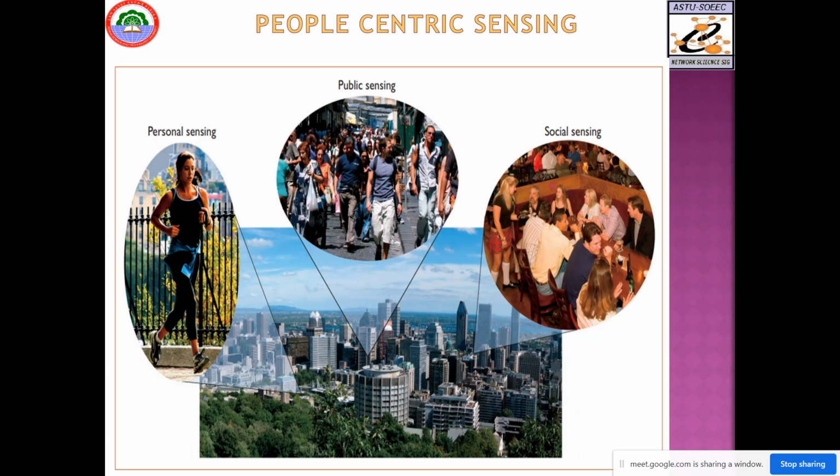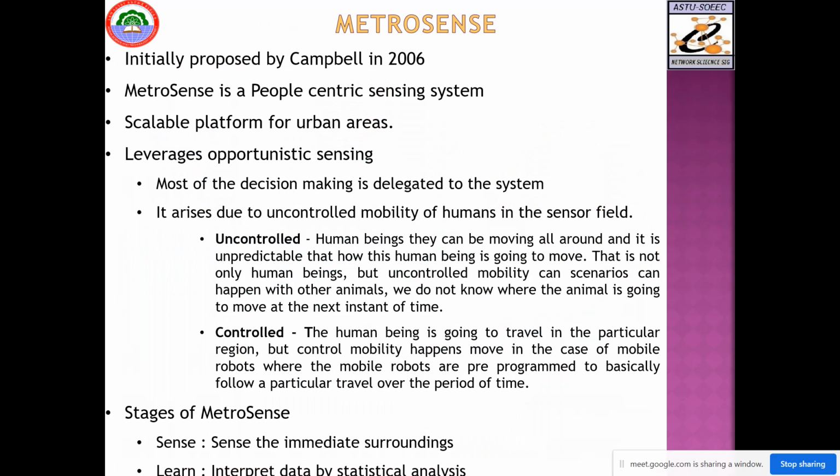So it will create this people centric system, and a symbiotic relationship between the communities as well as individuals where we are roaming. One example for people centric sensing is MetroSense, which was initially proposed by Campbell in 2006. It is one of the best examples of a people centric sensing system.